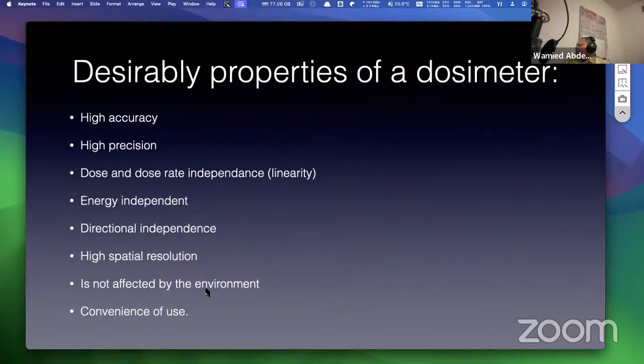Ionization chambers, when they're open to temperature and pressure, the response of the chamber will depend on the air density. So the temperature changes and we're delivering the same dose, the signal is different. So that means we need to find a way to correct for this.